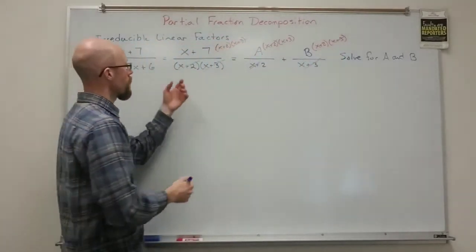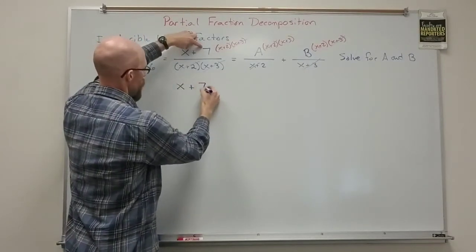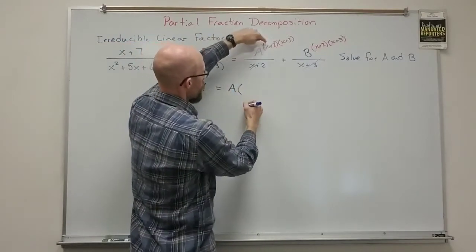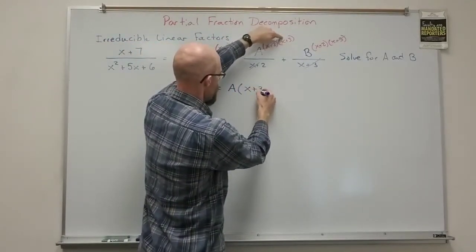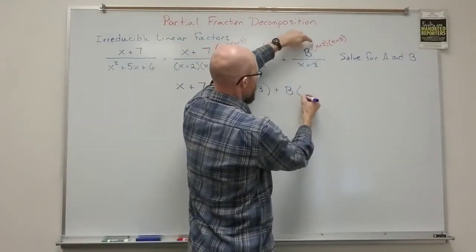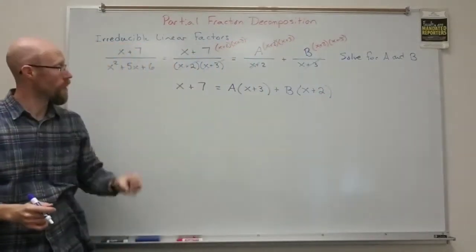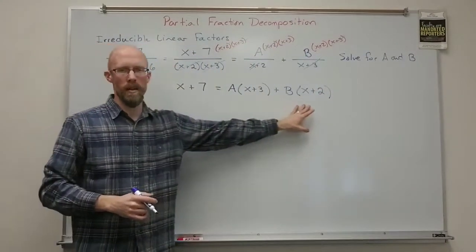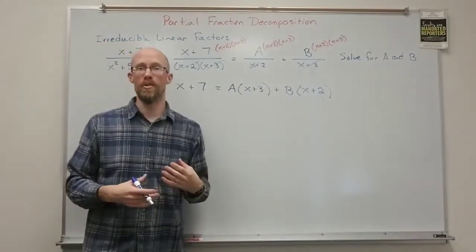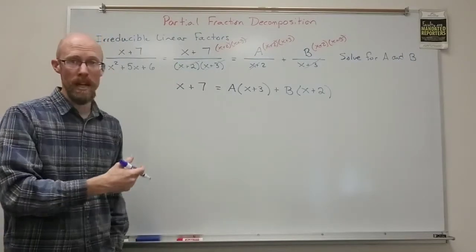And what I'm left with on the left side is simply the x plus 7. And on the right side I have a times x plus 3 plus b times x plus 2. Okay. Now this kind of looks like just a polynomial equation, but the a and the b are variables as well. So it's technically a 3-variable equation with a, b, and x.